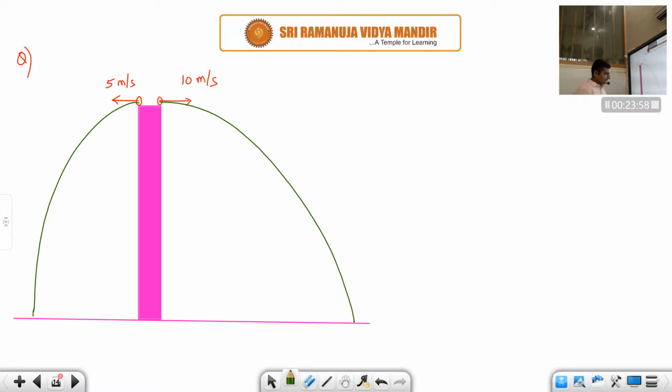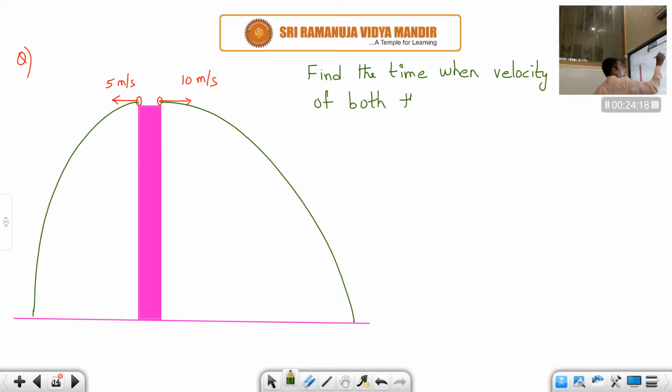Okay. So the question here is, find the time when the velocity of both the balls is perpendicular to each other.